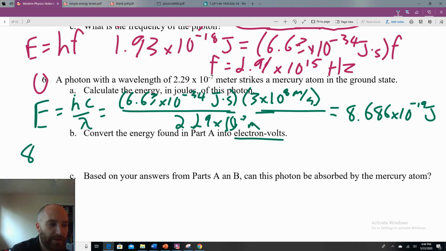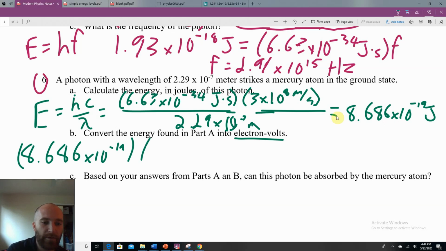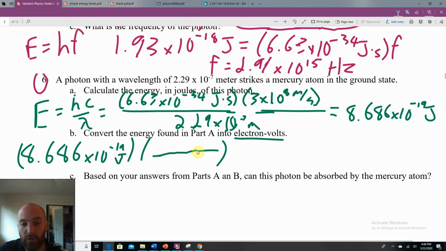So anytime we want to do that conversion, we'll start by writing out the number we're converting, 8.686 times 10 to the negative 19. And we're going to multiply it by some fraction. We're in joules right now. We want that to cancel out. So on our fraction, let's put joules on the bottom, because that way it'll cancel out. Joules top, joules bottom, and then we'll be good. Which means we'll put electron volts on the top.